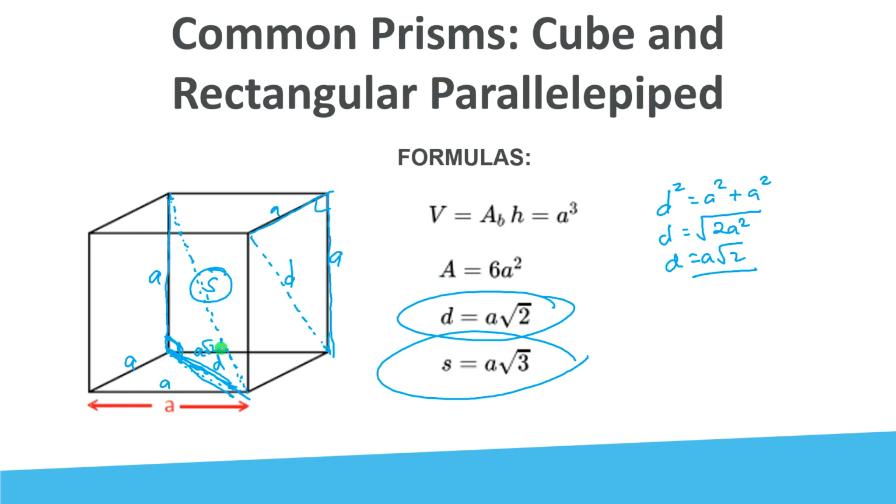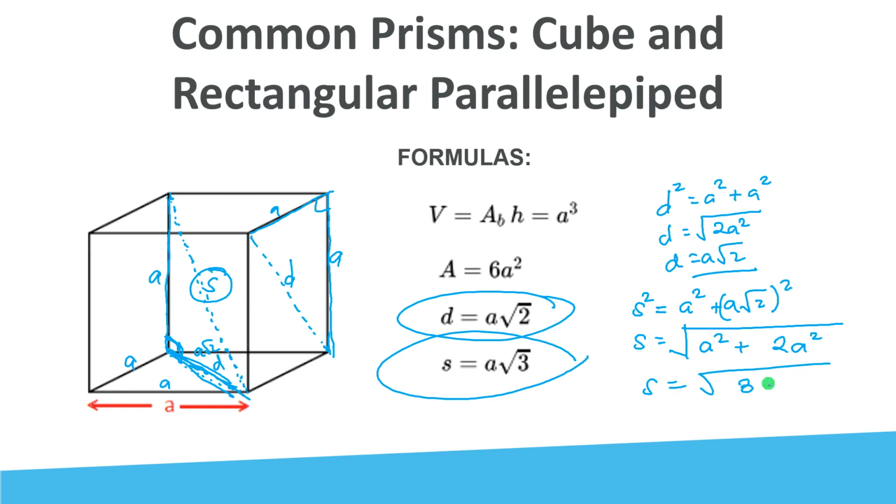If this is A the square root of 2, then take again the Pythagorean theorem: S squared equals A squared, because S is the hypotenuse, and the other one is A the square root of 2, so take the square of that also. Then compute S: S equals the square root of A squared plus 2A squared. So S equals the square root of 3A squared, or A the square root of 3. That's your space diagonal.